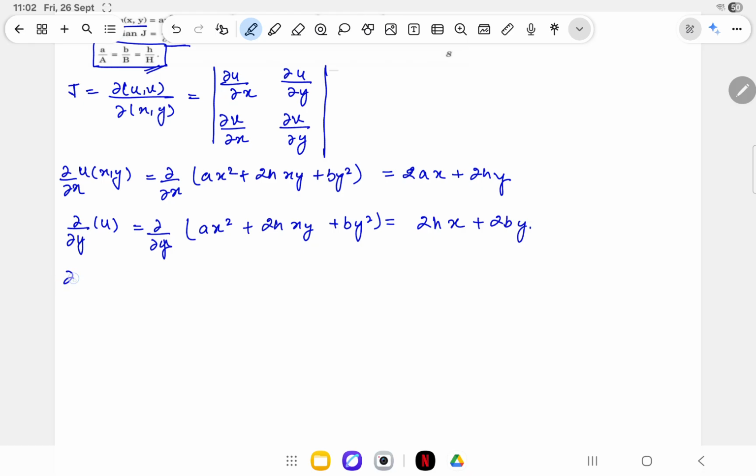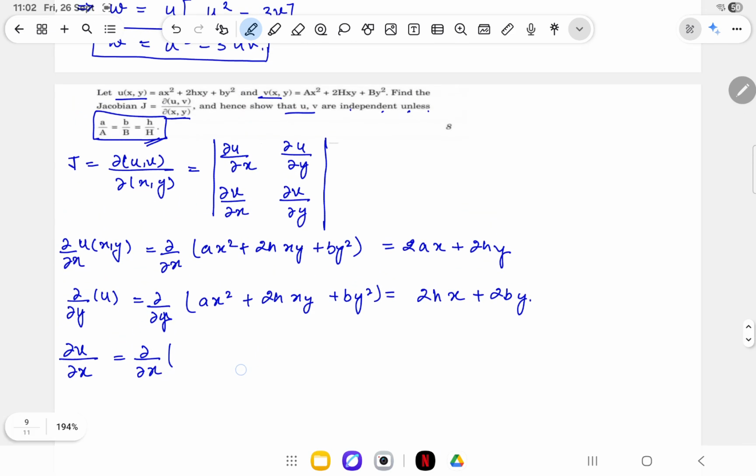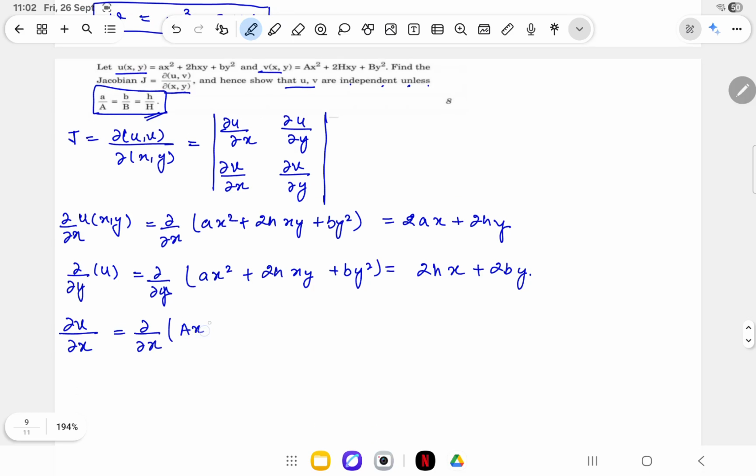Likewise, you can solve it for del v by del x, that will be equal to del by del x of v, and our v is capital A x square plus 2 capital H xy plus capital B y square.